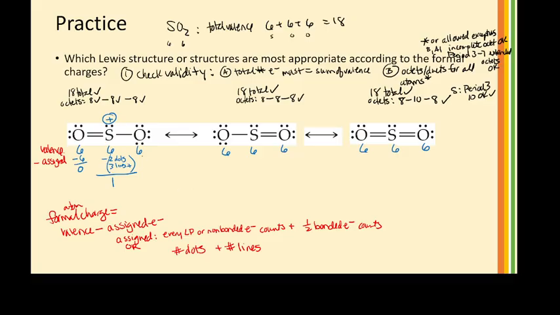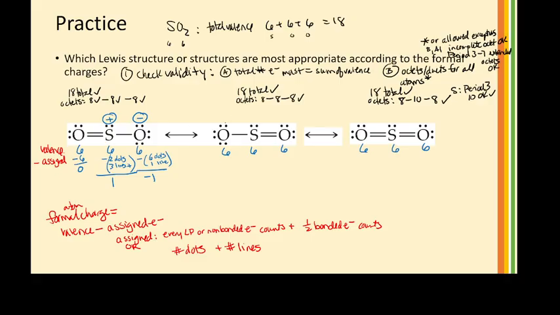And then on the right, I have 6 minus 1, 2, 3, 4, 5, 6, 7. So it's 6 dots, 1 line. 6 minus 7 gets me a -1. Which makes sense. This should be neutral overall, so if this is positively charged, something else has to be negatively charged. So I have formal charges in this one. All right, the next ones we'll do a little faster.